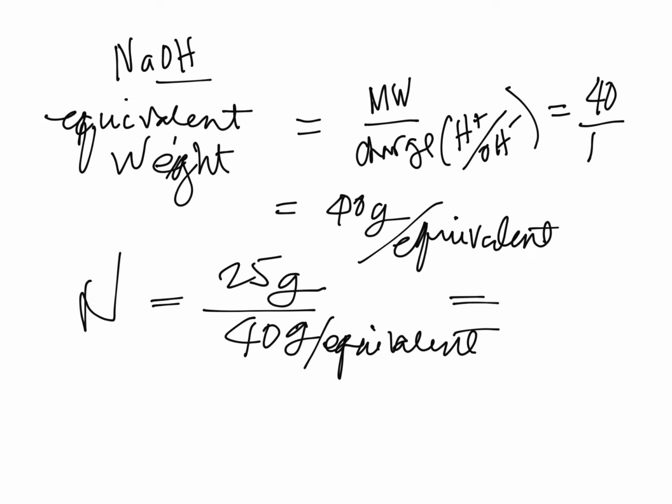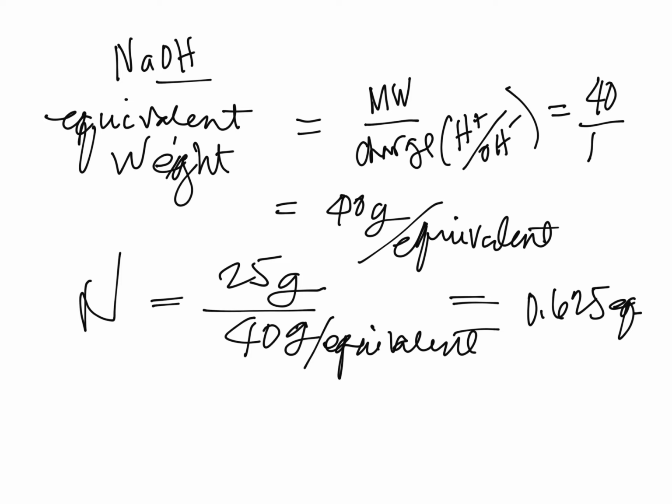Alright? So if we calculate this, 25 divided by 40, that's 0.625 equivalent.